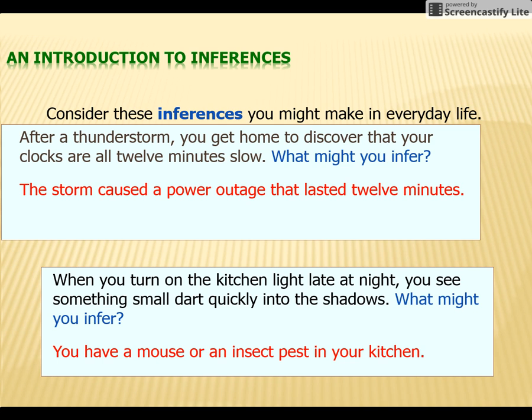What should come to your mind is the following. From our background knowledge, we know that in Florida, we tend to have thunderstorms. We tend to have outages here and there. So you would infer that the storm caused a power outage that lasted for 12 minutes, right? This has happened multiple times when we're at home and the lights turn off when we have a severe thunderstorm.